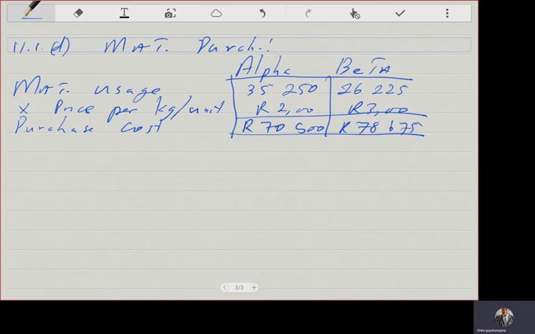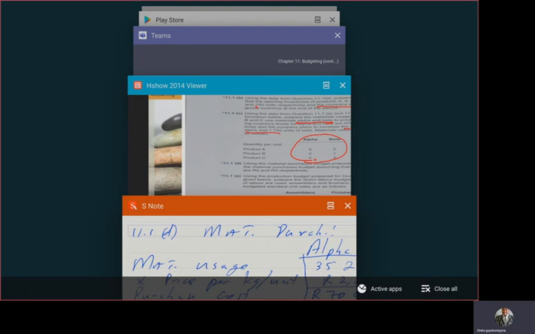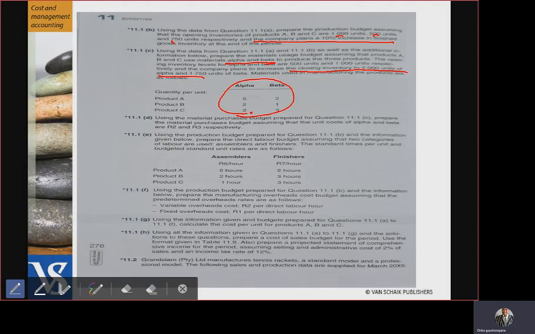Let's move on to the next budget, that is 11.1E. They say, using the production budget prepared for question 11.1B and the information given below, prepare the direct labor budget, assuming that 2 categories of labor are used, assemblers and finishers.